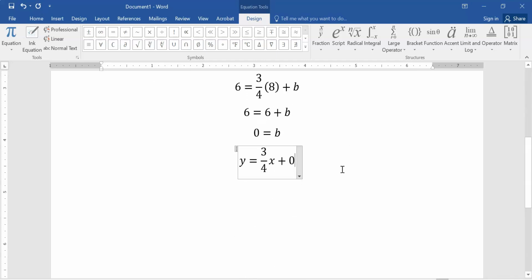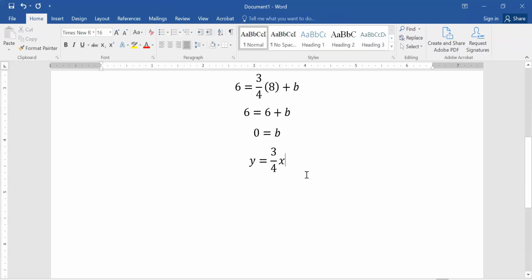Okay? If you don't want to attach the plus 0, you don't have to because plus 0 doesn't do anything. You could leave it as y equals 3/4 x. So there you go. That's how to find the equation of a line with a given slope and through a given point.